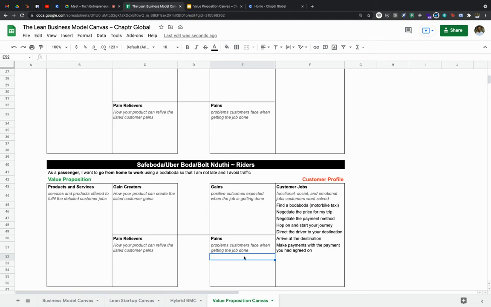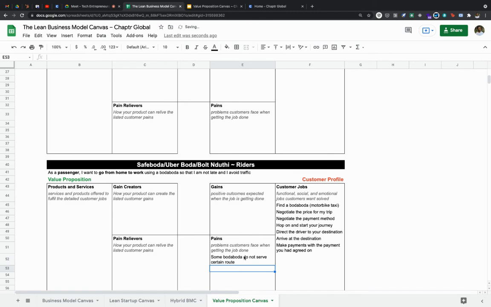Okay, destination inconvenience. When you're finding bodas, some bodas don't want to go through a particular route, they do not serve certain routes. That's a good one. That's one problem I would find when I'm trying to find a boda.